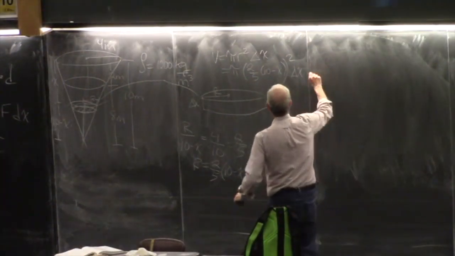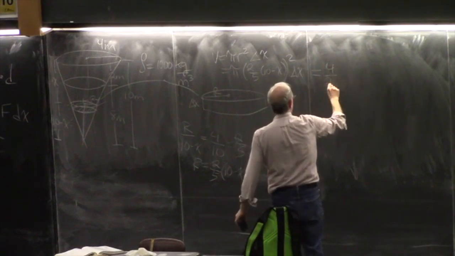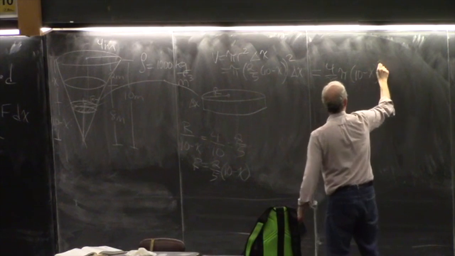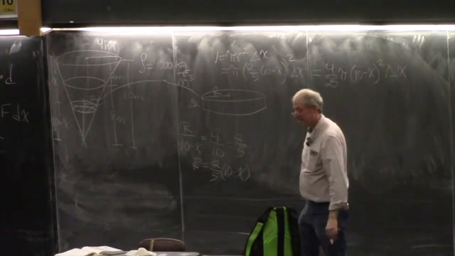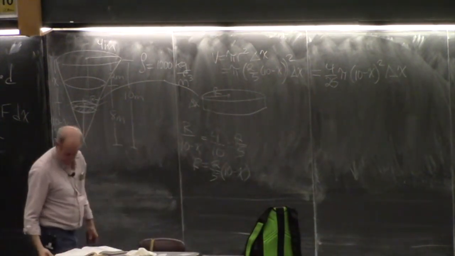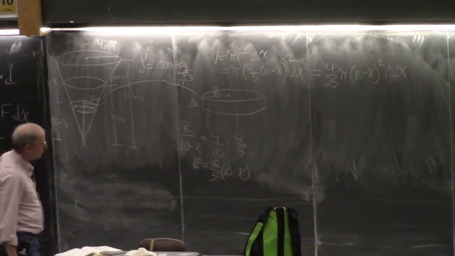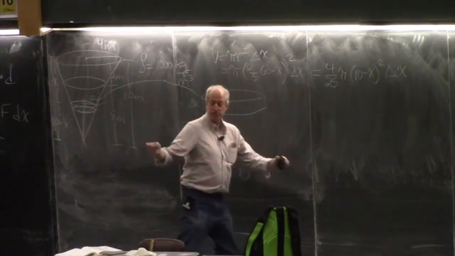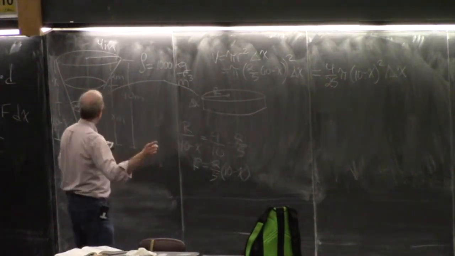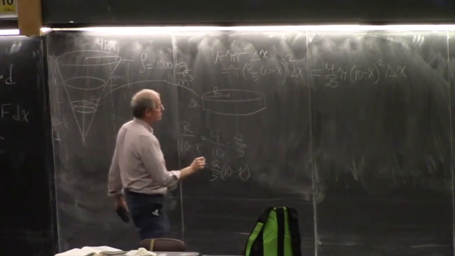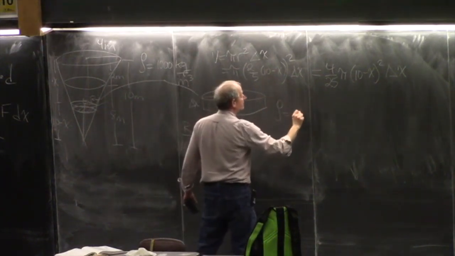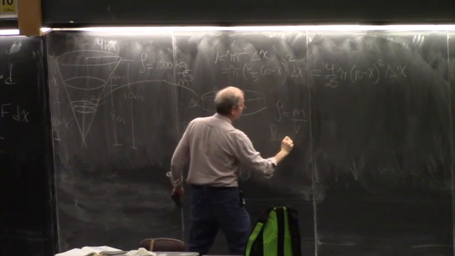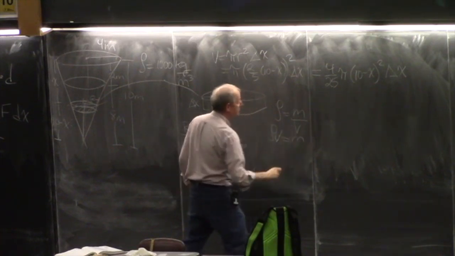So that is 4/25 pi times 10 minus x squared delta x. So far, so good? You guys remember the formula? What's the relationship between mass and volume and density? Density is mass over volume, so rho times volume equals mass.